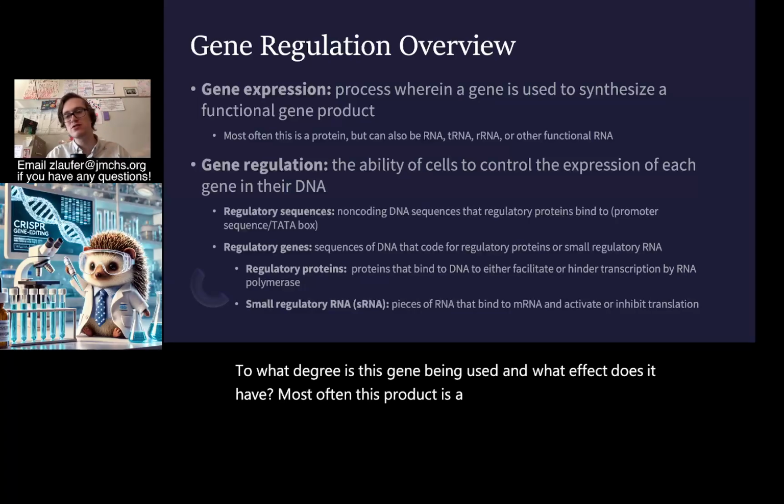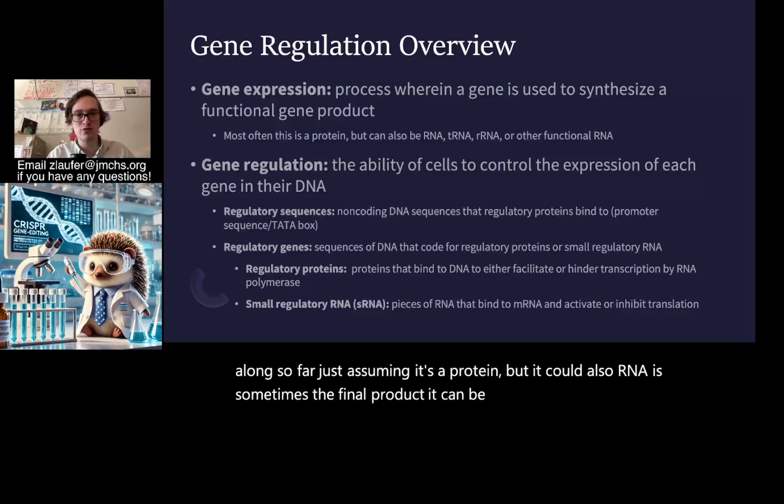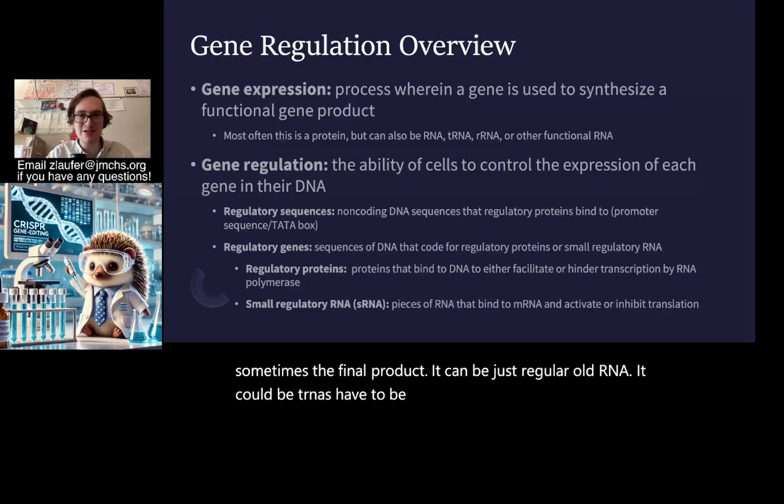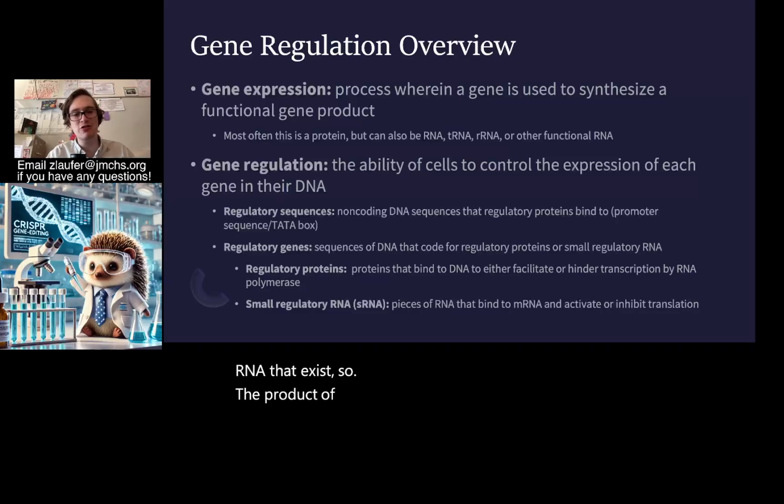We've kind of gone along so far just assuming it's a protein, but RNA is sometimes the final product. It could be tRNAs that have to be made. There's genes for tRNAs, there's genes for ribosomal RNAs, and there's other types of functional RNA that exist. So the product of a gene is not necessarily a protein.